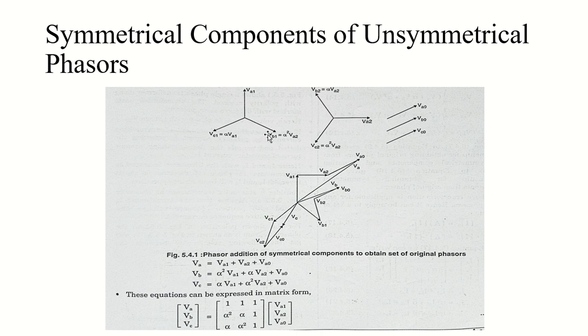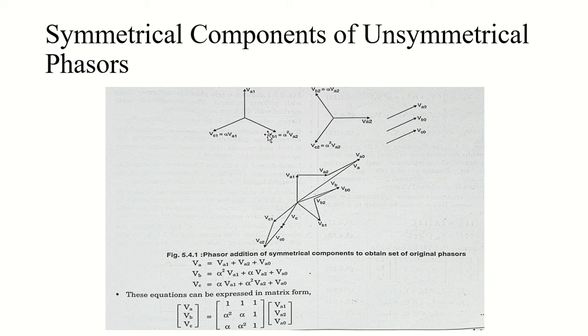So VA will be VA1 plus VA2 plus VA0. We are trying to find the ultimate VA, which will be the sum of VA of all three sequences: VA1 for positive, VA2 for negative and VA0 for zeroth sequence.